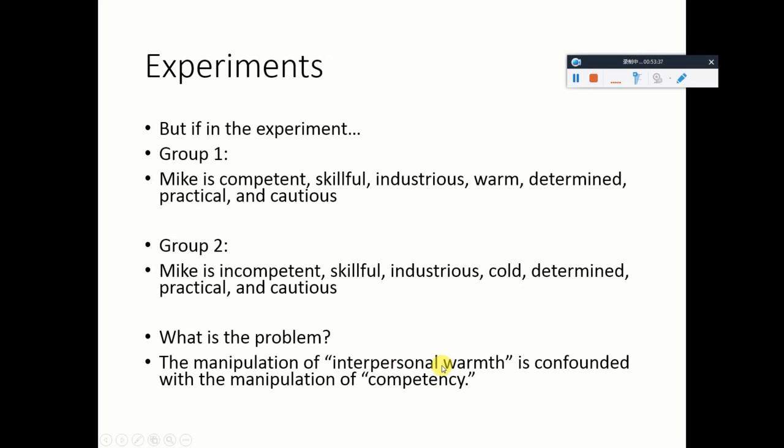Right? This is a variable because it takes the value of warm versus cold. This is also a variable because it takes the value of competent versus incompetent. Once the two manipulations occur at the same time, they confound each other and make it impossible to determine which one causes the intended effect. Okay?